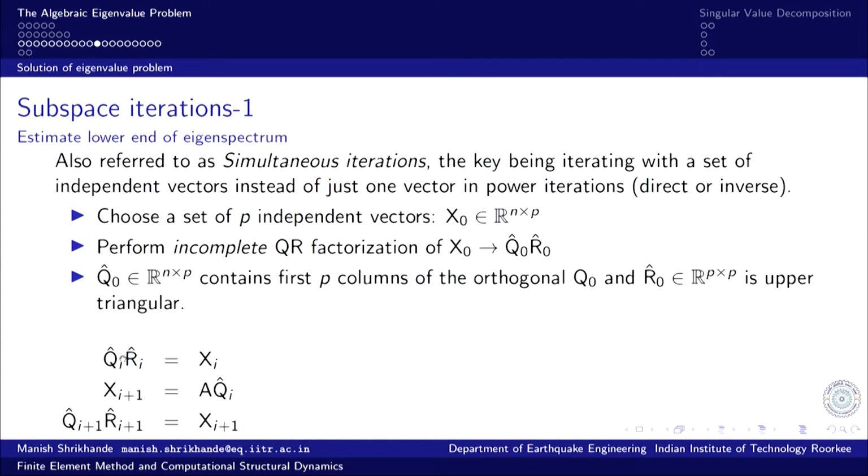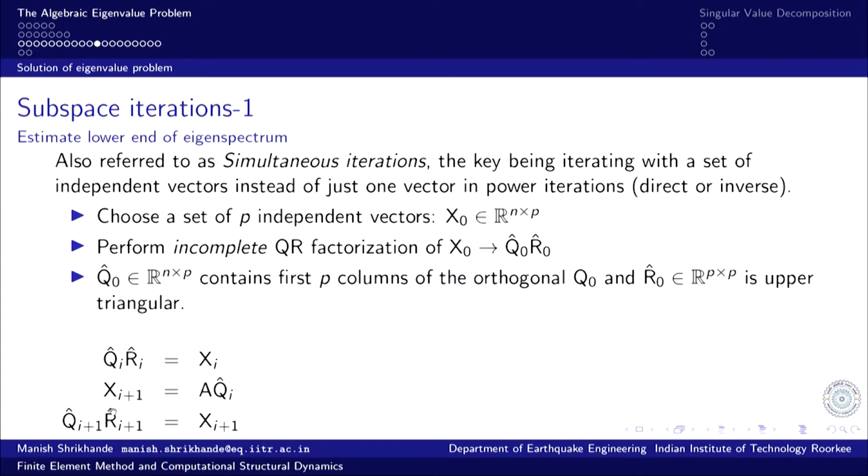So, eventually we perform these iterations. x i is given as this decomposition q i r i, and then we define a new set of trial vectors x i plus 1 for the next iteration as matrix A operating on this incomplete orthogonal matrix q i hat.